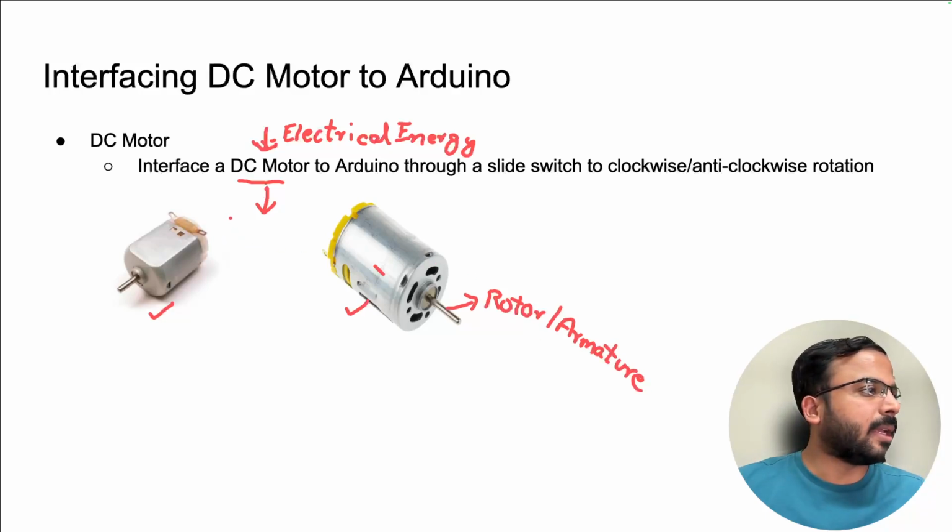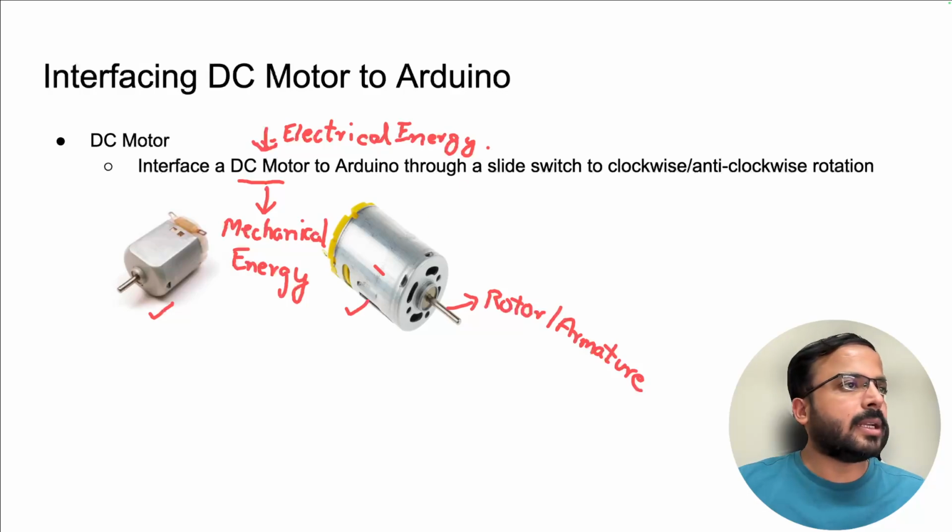It gives us mechanical energy, so it converts electrical into mechanical energy. And this electrical energy is a direct current for this type of motor.